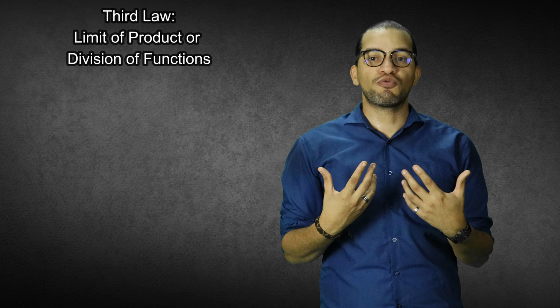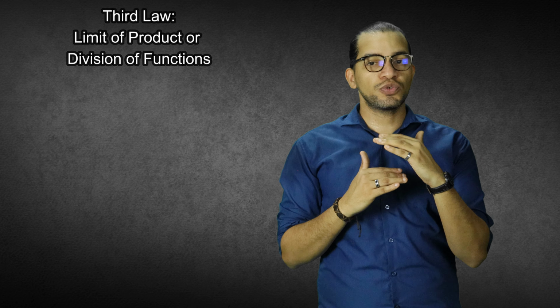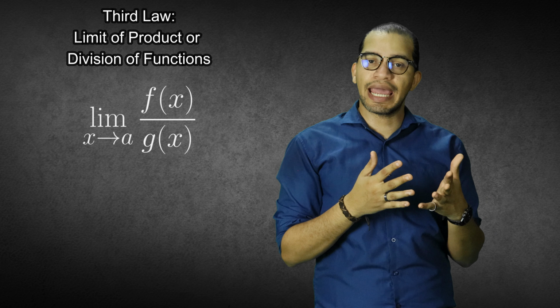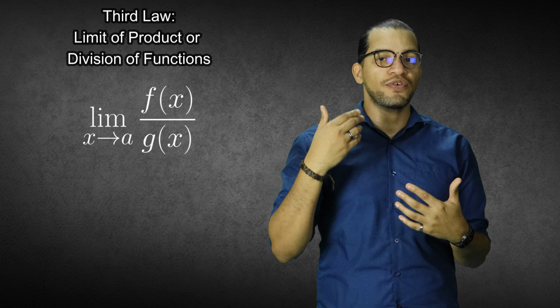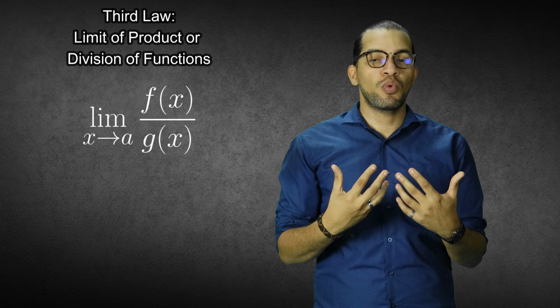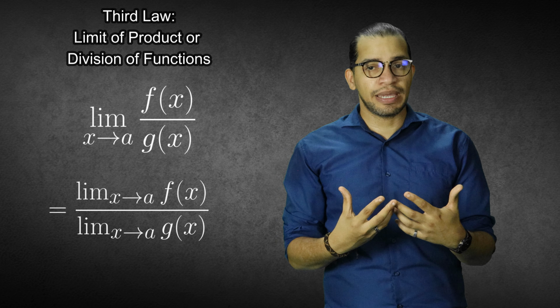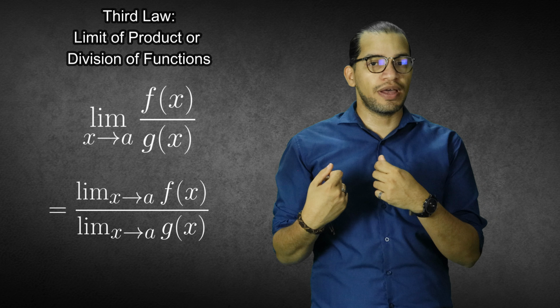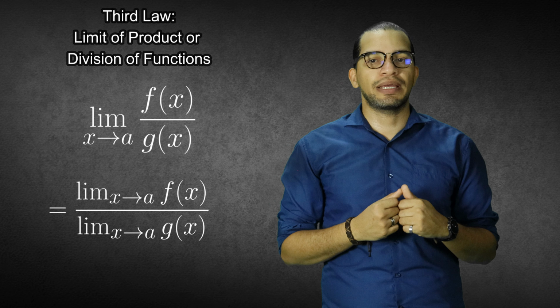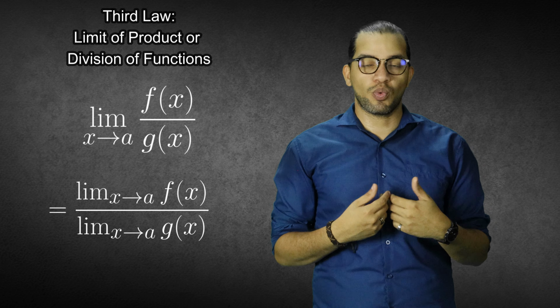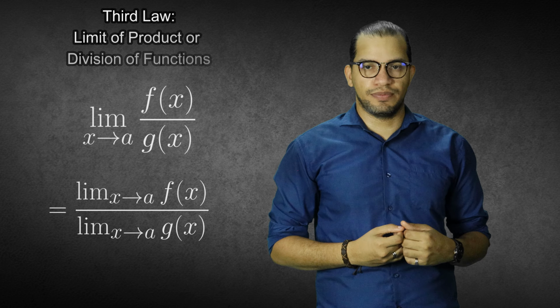As well, if we have the division of those two functions, which is the second part, then the limit when x goes to a of f of x divided by g of x will be the same as the limit when x goes to a of f of x divided by the limit of g of x when x goes to a.